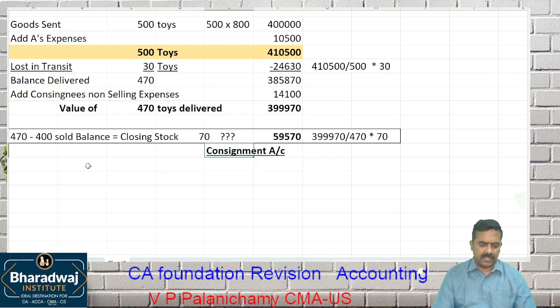Then prepare the consignment account. Goods sent on consignment, 4 lakhs. What expenses have we incurred?